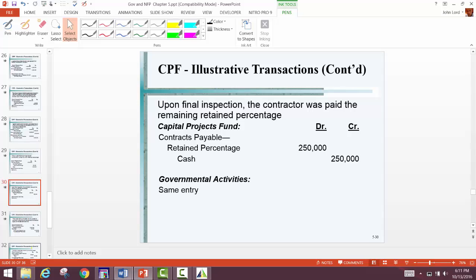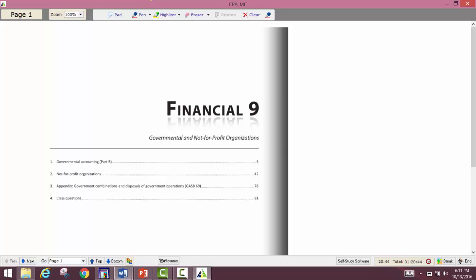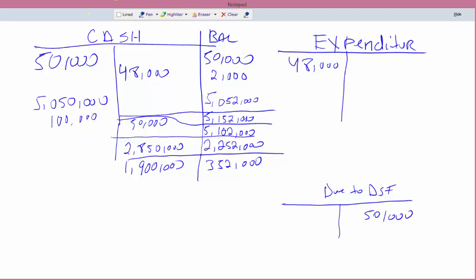I think they could have made this example easier by just leaving that out, but whatever. Where's my pad here? So that's $250 more that we credited. How much, Caesar? Now we're left with $102,000.